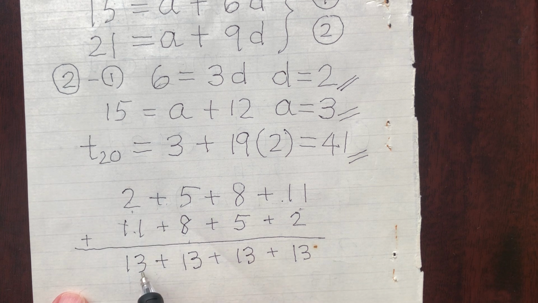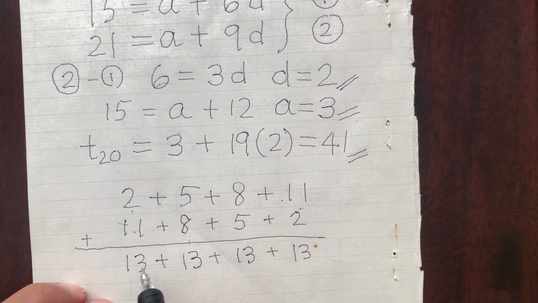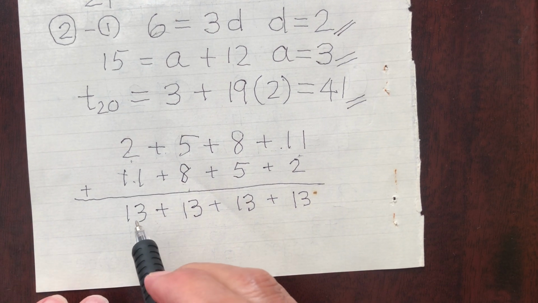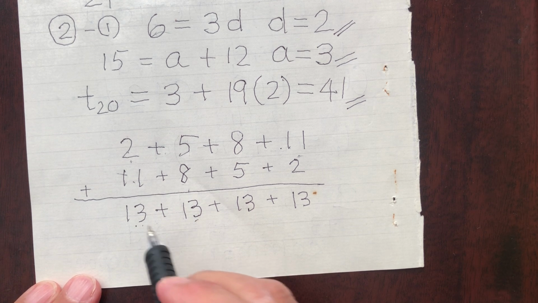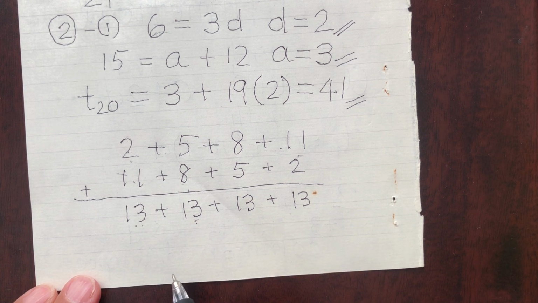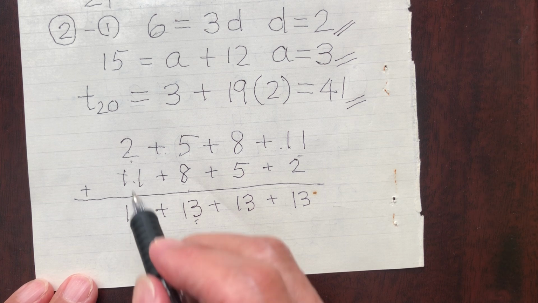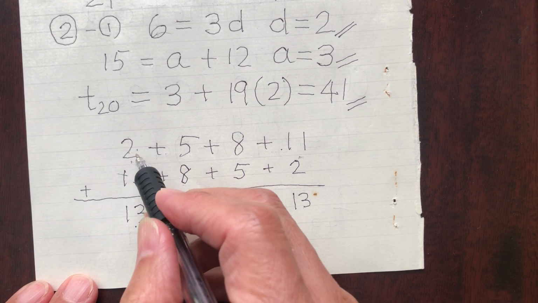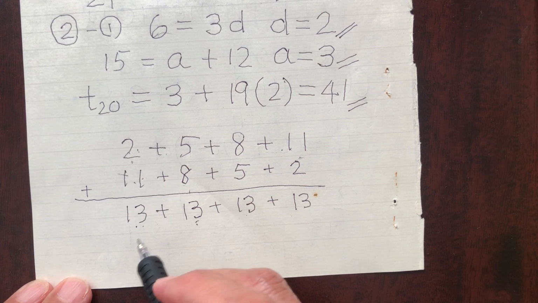And remember, if you add the 4 13s, the result will be 2 times the sum I want. So, look here. How many 13s do I have? 1, 2, 3, 4. The 13 is just the first term plus the last term, right? First term plus last term.